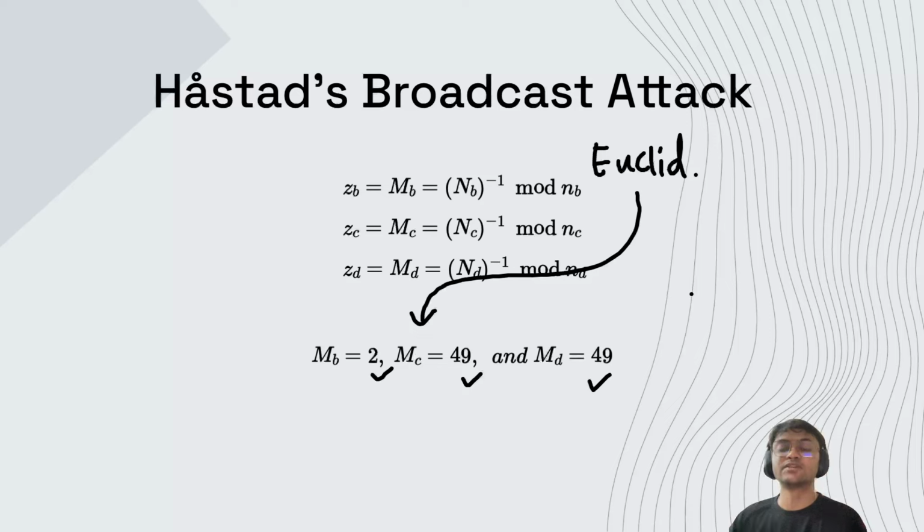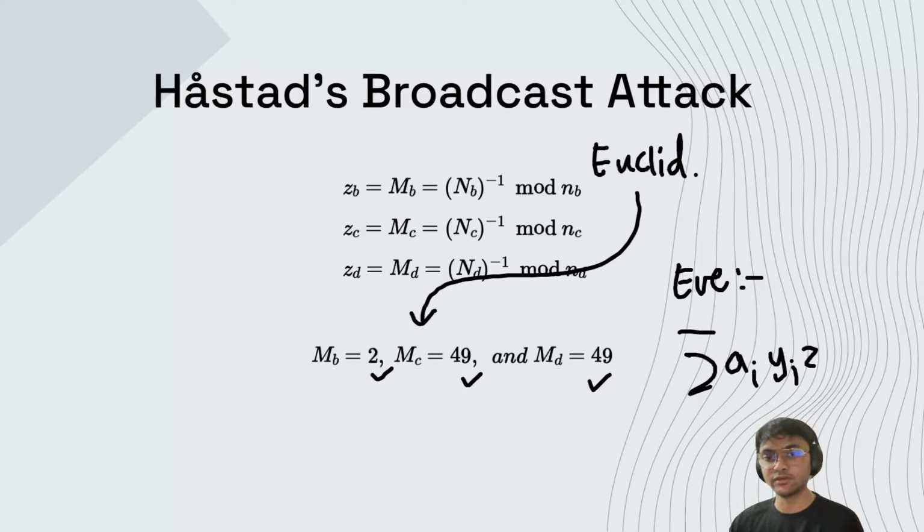At this point, Eve has everything they need to plug in the formula a_i, y_i, z_i, or to know the other expression, we say c_i, N_i, and M_i. These are just different notations for the same things.